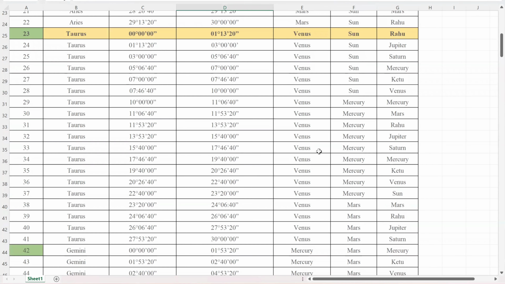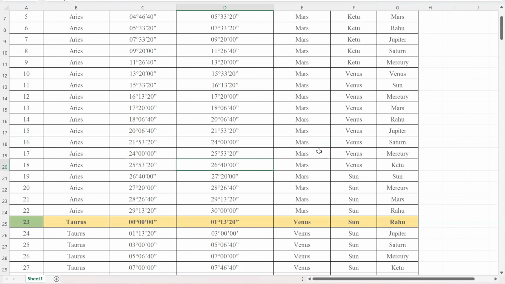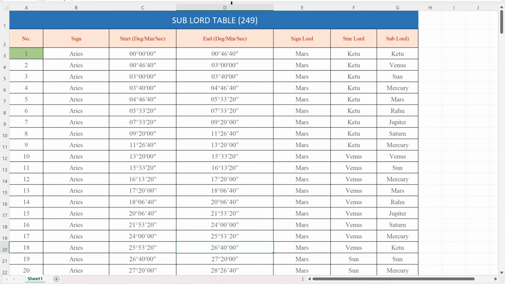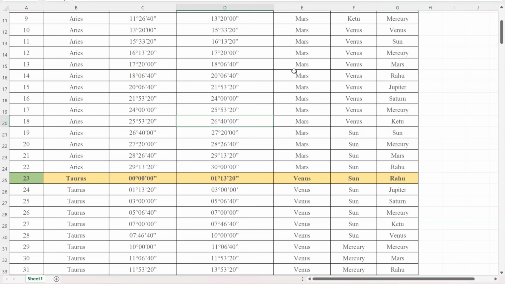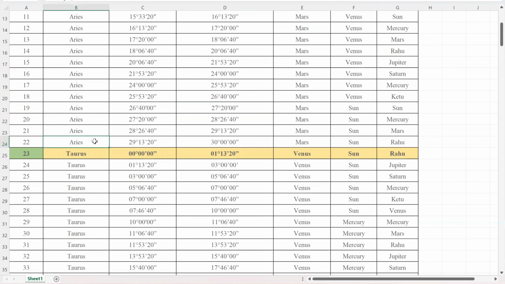And we discussed that there should be 243 subs, but we are having 249 sublots. This is because you will see that in Aries, the last lordship was of Sun.